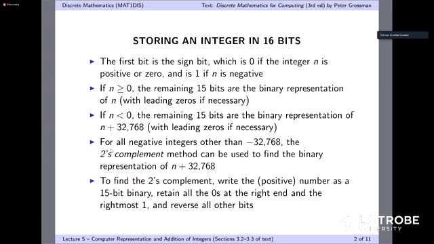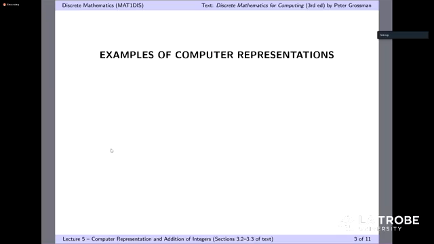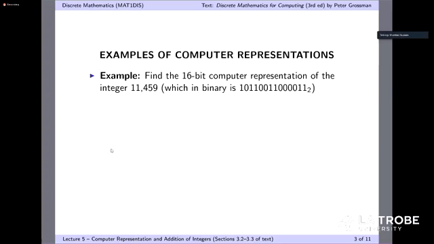So what it says, to find the 2's complement, write the positive number as a 15-bit binary, retain all zeros at the right end and the rightmost one, and reverse all other bits. So let's look at some examples. Find the 16-bit computer representation of the integer 11,459.